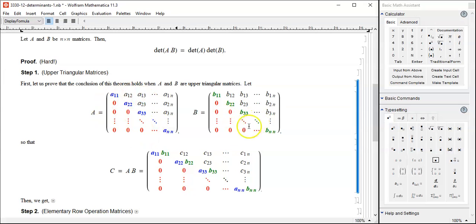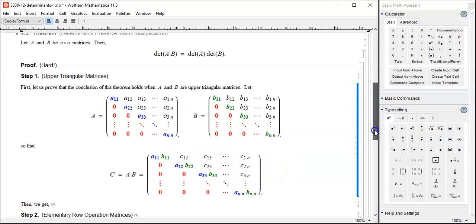For these kinds of special matrices, where we have some non-zero entries in the upper right-hand corner, but in the lower left-hand corner we have all zeros, these are called upper triangular matrices. And vice versa, if you have non-zero entries at the bottom left and the upper right entries are all zero, then we call them lower triangular matrices.